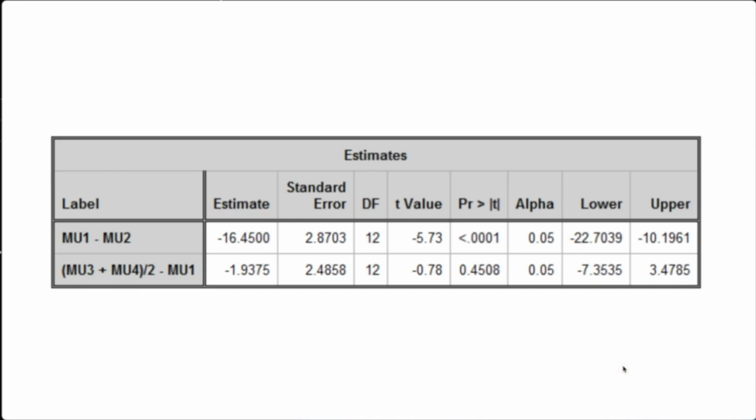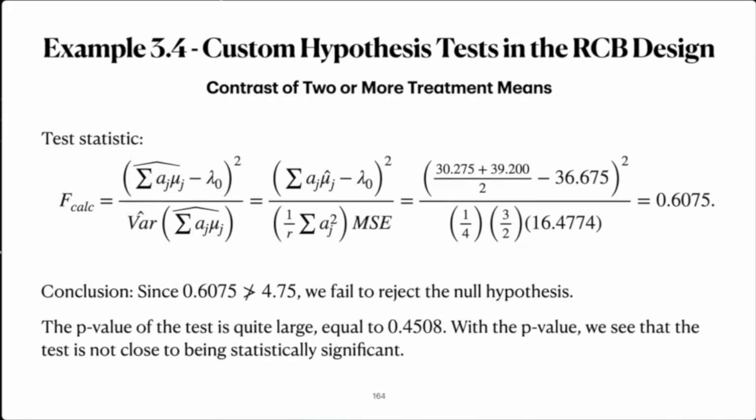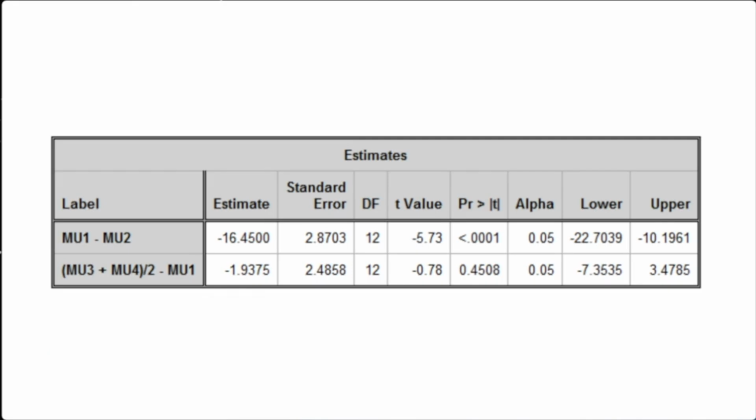Actually, no, we don't. I just checked, and we had a different value for that p-value, but I've corrected it here. We had 0.66 something, but the correct value is 0.4508. I've calculated this using the TI-84. We can also get that from SAS, as we see here.